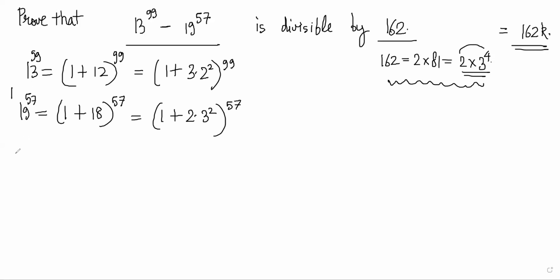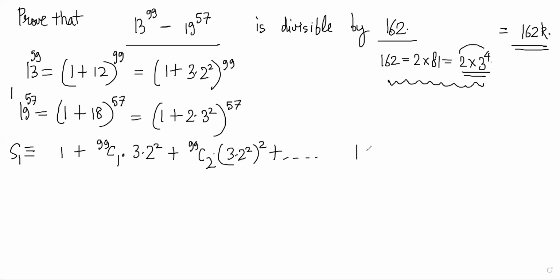So whatever the expansions are, we have to do subtraction here. So let's write the top expansion. Series 1 is equal to 1 plus 99C1 into 3 into 2 square, plus 99C2 into (3 into 2 square) whole square, and so on, till 99C99 (3 into 2 square) power 99.